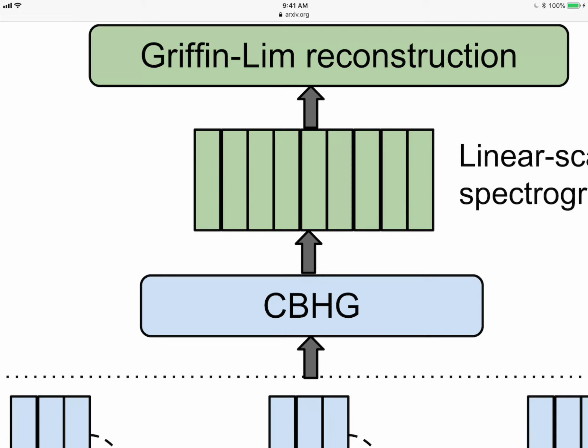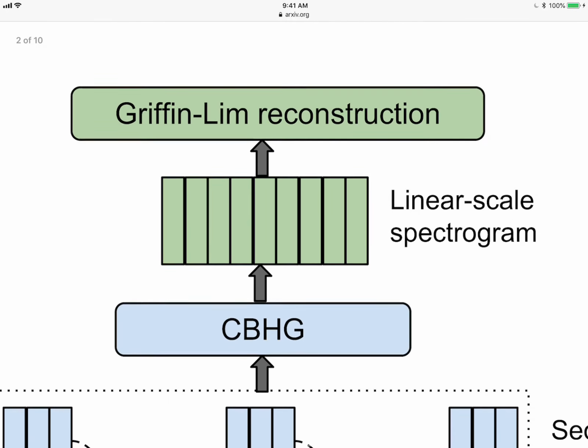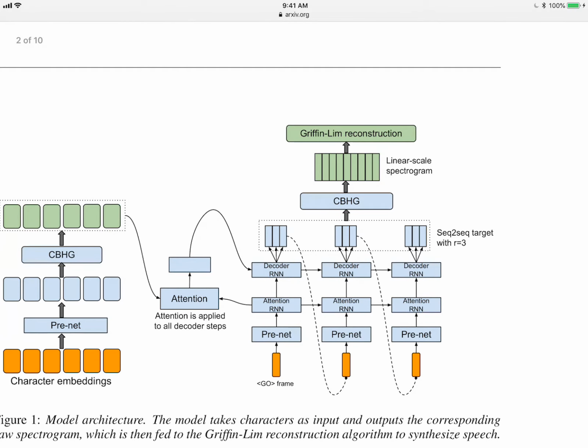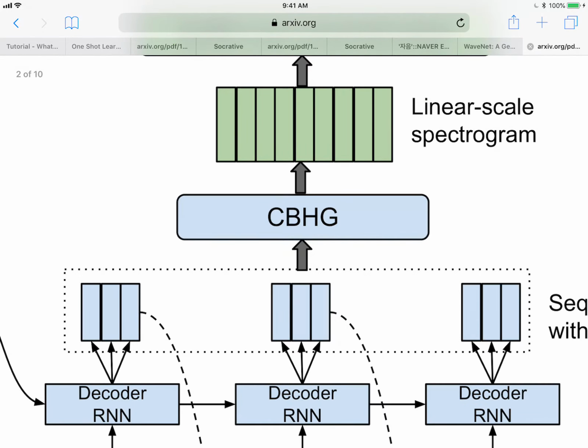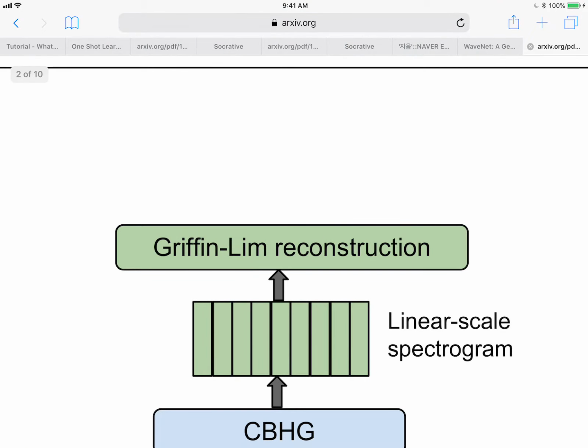Okay, and then from here, it is basically a sequence to sequence model, and we can also use the attention model as well. At each time step, the output is some signal just before the spectrogram, and once we obtain that spectrogram, we can use this Griffin-Lim reconstruction module, which is just a post-processing algorithm that has no trainable part.